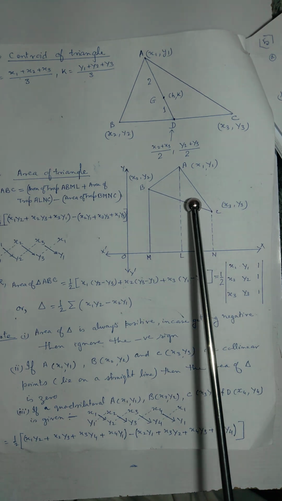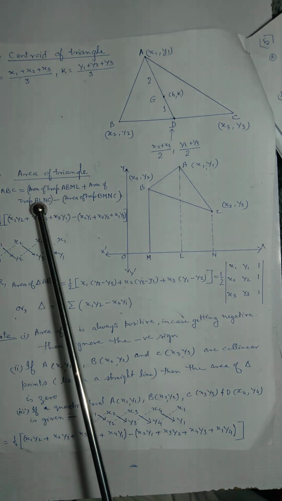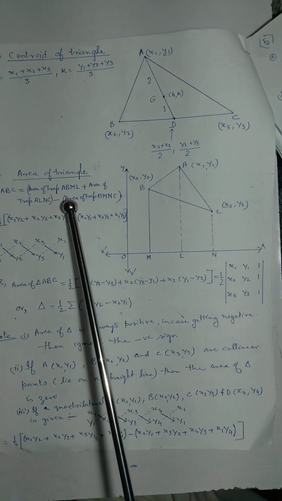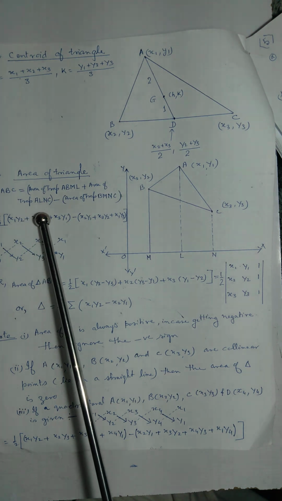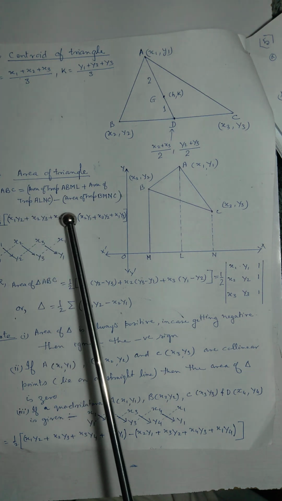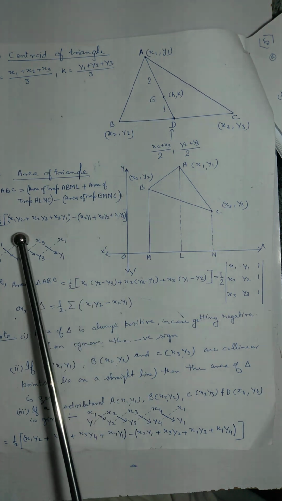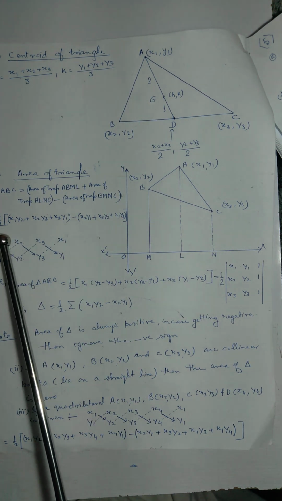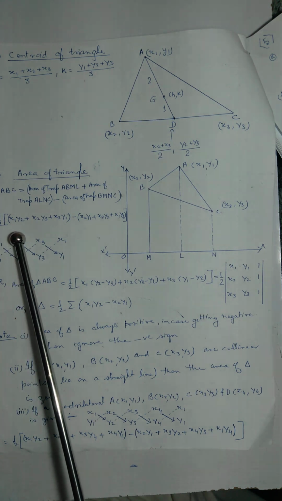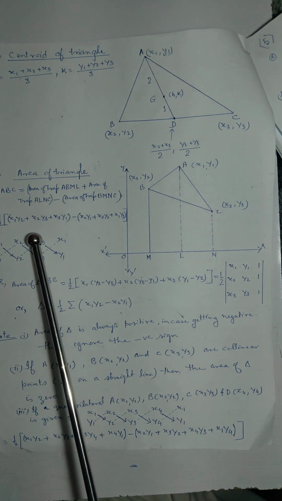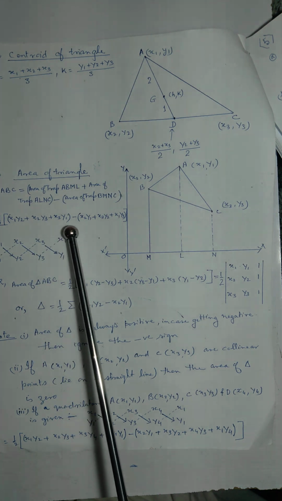Now you see the area of the triangle ABC is equal to the area of trapezium ABML plus area of trapezium ALNC minus area of the trapezium BMNC, and it will be equal to 1 by 2 in bracket x1 into y2 plus x2 into y3 plus x3 into y1, bracket closed.